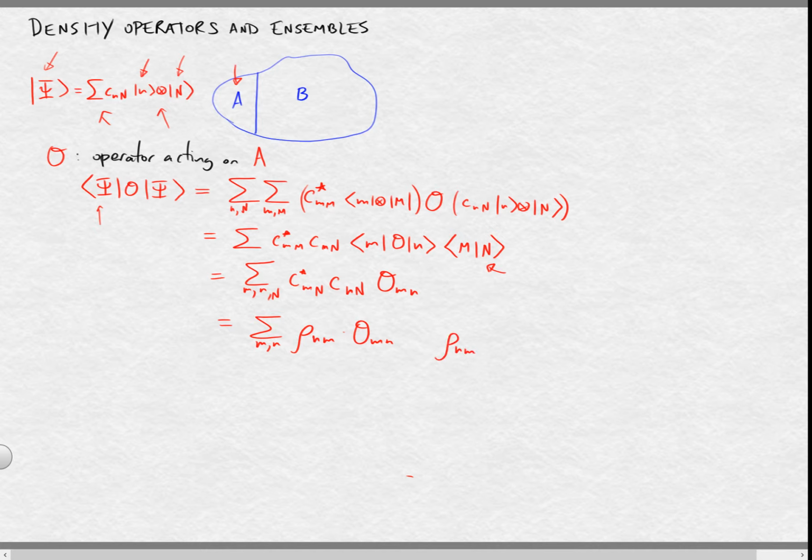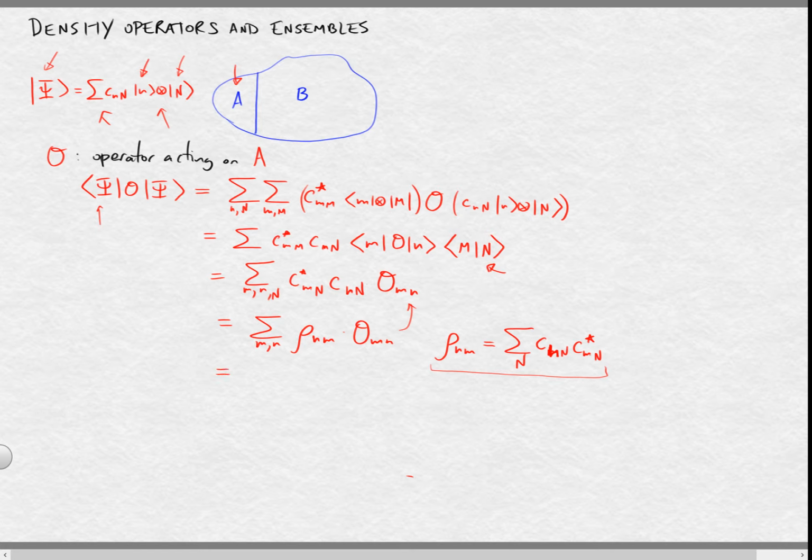It's going to be a matrix with elements that are given by this sum here, C_M^* C_N. Sorry, let's be careful and get the indices right. Okay, so basically I'm defining this set of quantities. We can think of those as being the elements of a matrix. And then you can just check that with that definition, this formula at the bottom reproduces the formula above it.